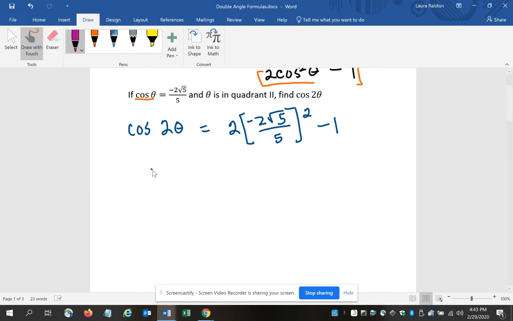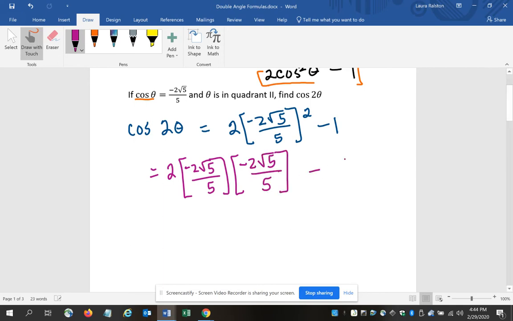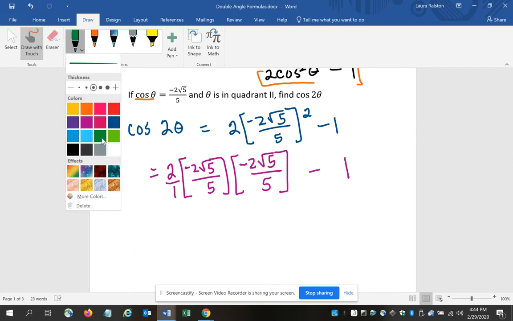And so that really means we're doing literally 2 times -2 square root 5 over 5 times -2 square root 5 over 5 minus 1 whole. Okay, remember this 2 is over 1. So I'm going to do all the multiplication straight across there. When you multiply all the numerators together, multiply all the denominators together.